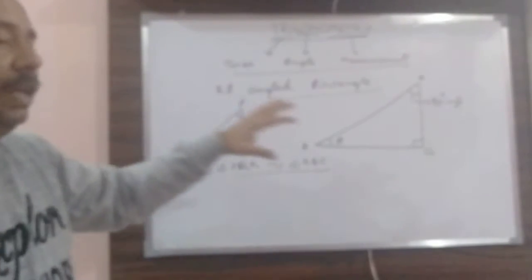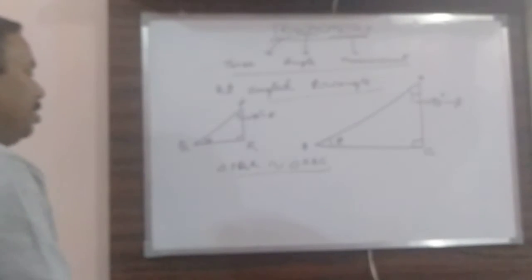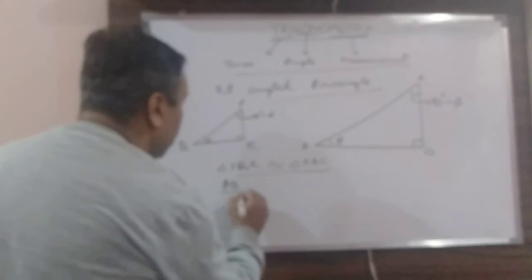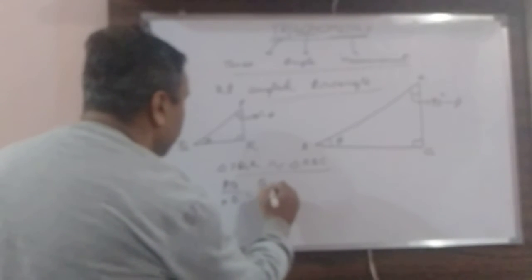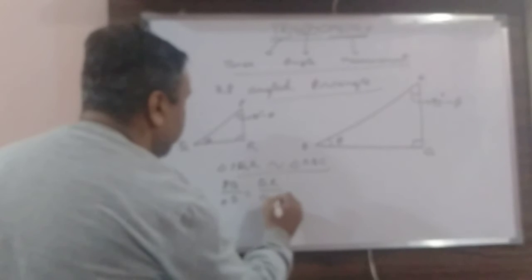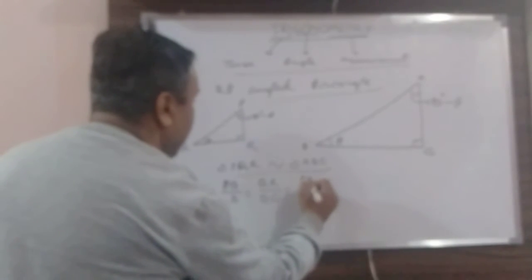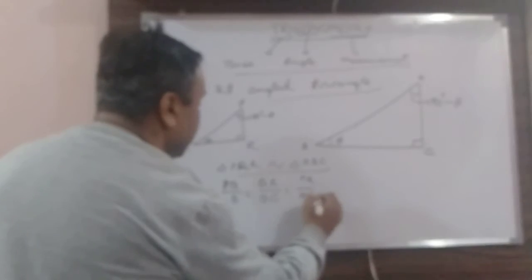And in that case, what will happen? I can say that the ratio of the corresponding sides, PQ over AB, will be equal to QR over BC, and that will be equal to PR over AC. Just take any two of these. Suppose that I take these two.